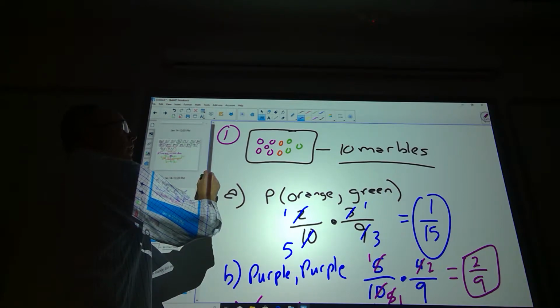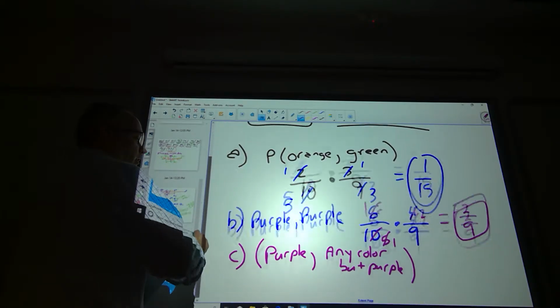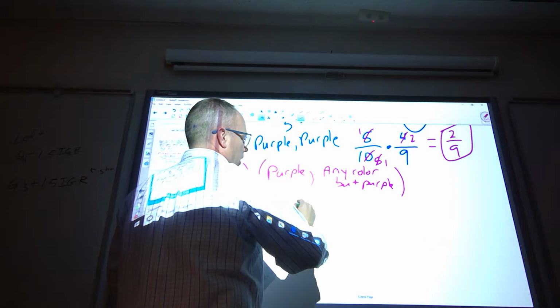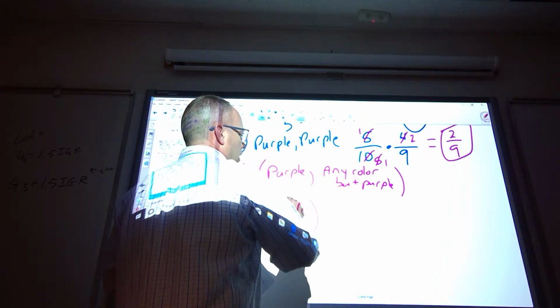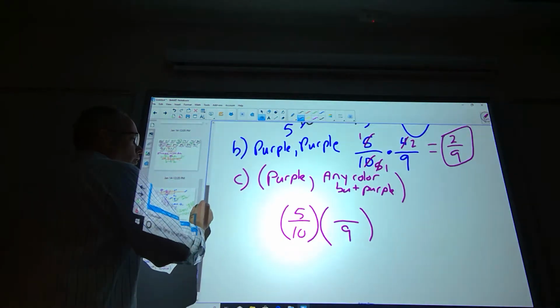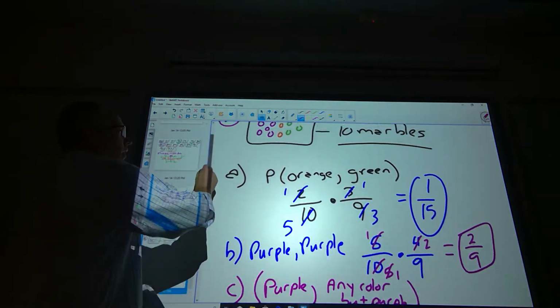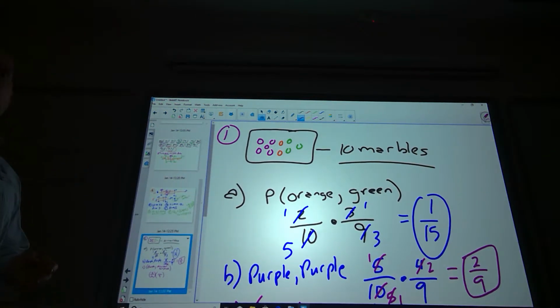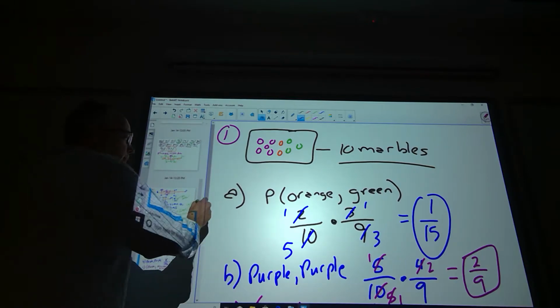Originally? 5. Out of how many? 10. Okay, so I have 5 out of 10. That's my first draw. I don't put it back, so I know I only have 9 in the second. So if I pulled that purple out, how many marbles left are a different color than purple? 5. I have 2 orange and 3 green.